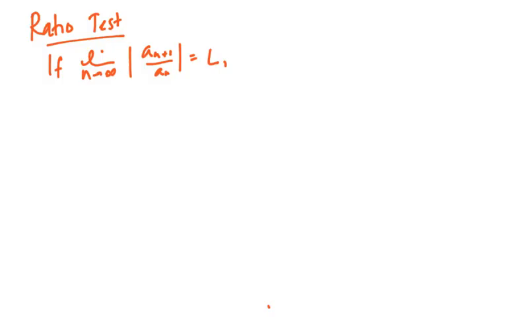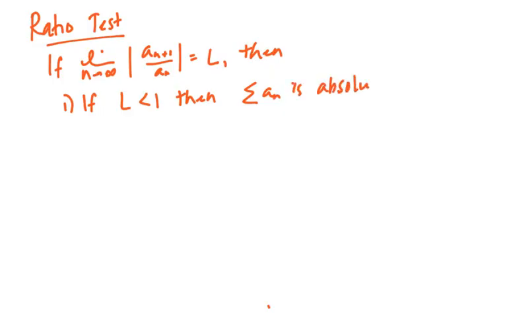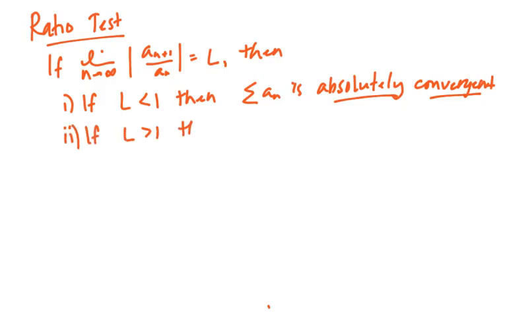So there are three cases here. Case number 1, if L is less than 1, then the series of a n is absolutely convergent and thereby convergent. So if your limit is less than 1, we have absolutely convergent. For case 2, if the limit is greater than 1, then the series is divergent.